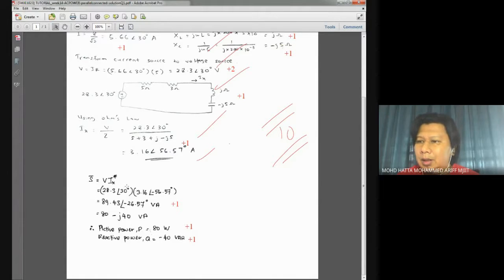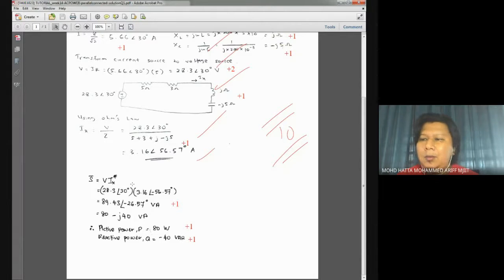So this formula cannot be used for peak value. You need to do some modification. Please refer back to the lecture slide that I provided earlier. So now, if you have your RMS value, I think the best way is to use the complex power formula. Why?